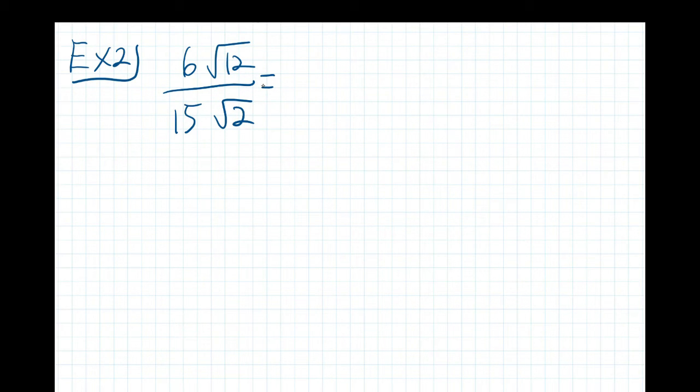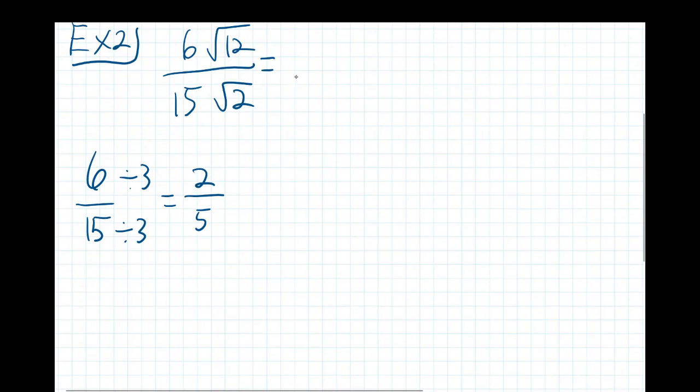So first we can simplify that 6 over 15. The greatest common factor between 6 and 15 is 3. So we divide the numerator and the denominator here by 3, and you get 2 over 5.